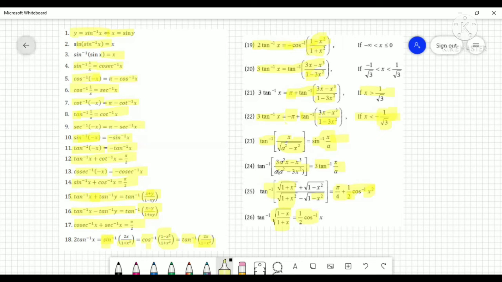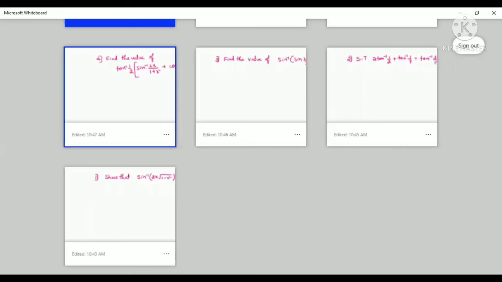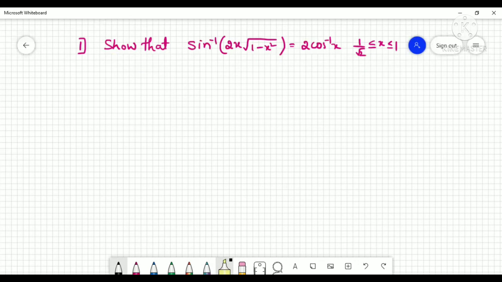Next, let me move on to the first question. Sine inverse of 2x root (1 minus x square) is equal to 2 cos inverse x. Be careful, 2 types are there.